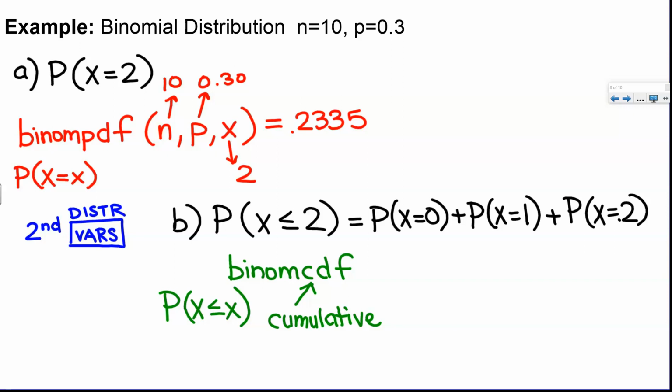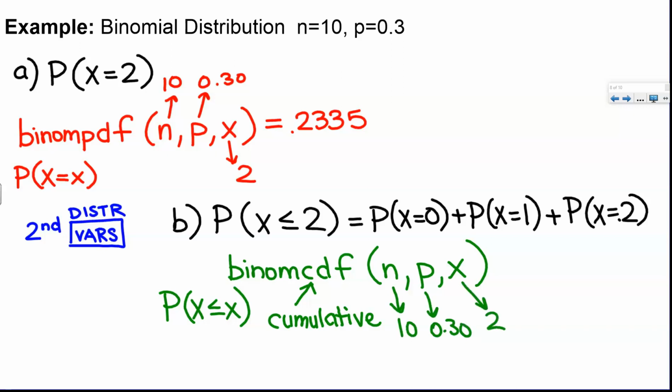But we're still going to put in the same values. It's still going to be N, P, and X. So for this one, it would still be the same thing. We're still going to put in 10, 0.3, and 2. But because we choose the CDF, we're going to get a different value because it's going to look at the probability of 2, 1, and 0.